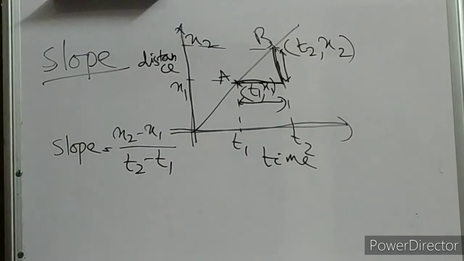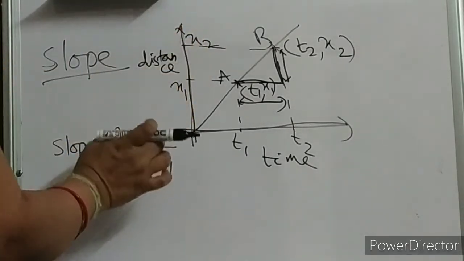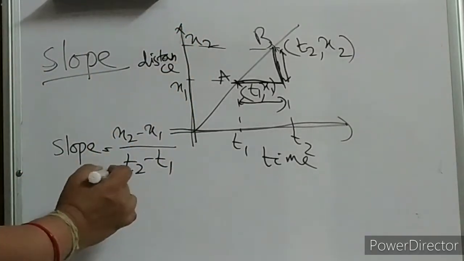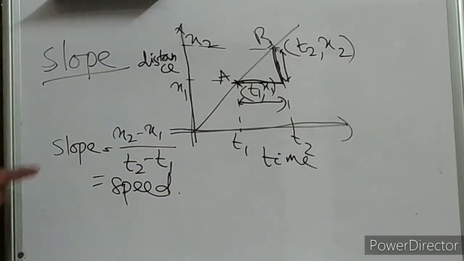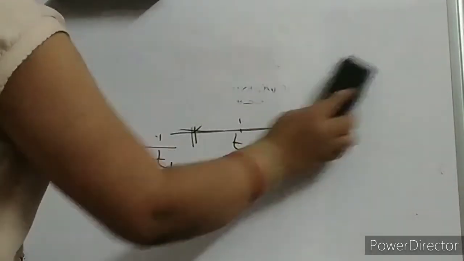So what is this slope giving? Slope is giving nothing but distance by time. That means in a distance time graph, the slope gives you the information about speed. That means we can calculate the velocity from the displacement time graph. Hope I am clear with this.